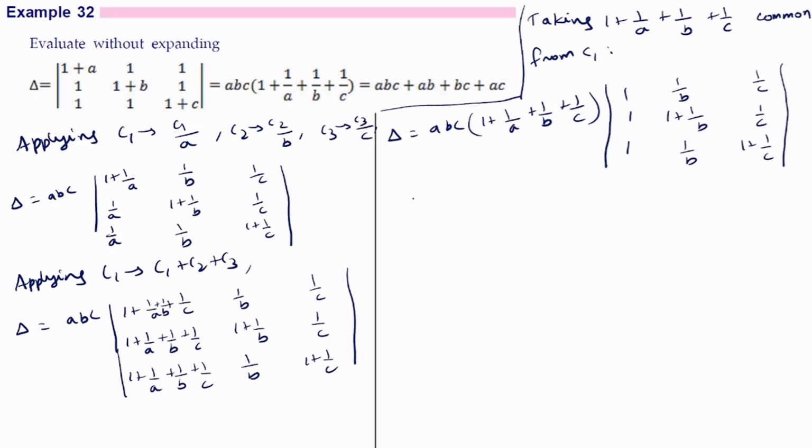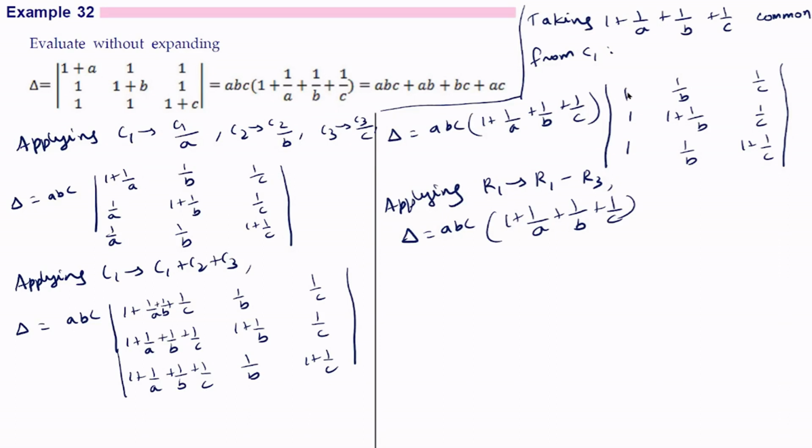And now let us perform R1 changing to R1 minus R3. So applying R1 changing to R1 minus R3, we get delta as ABC into 1 plus 1 by A plus 1 by B plus 1 by C. The first term will be 1 minus 1, 0, then 1 by B minus 1 by B, 0, and 1 by C minus 1 by C, which is minus 1.